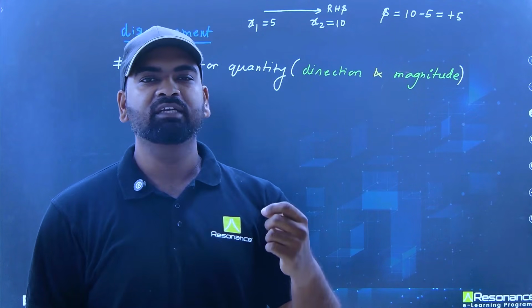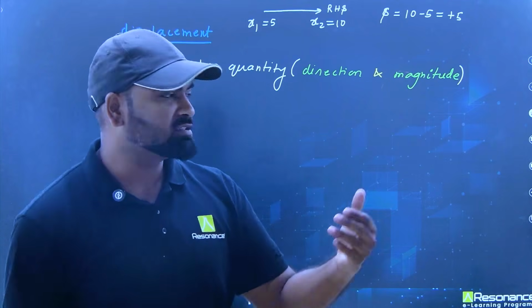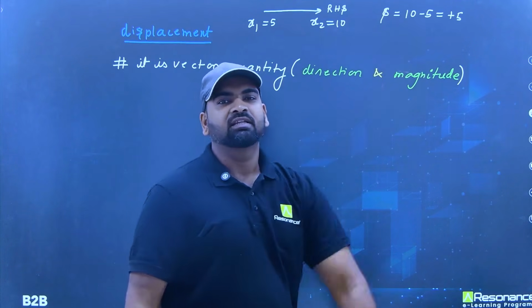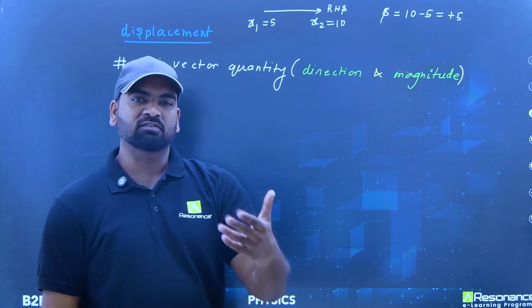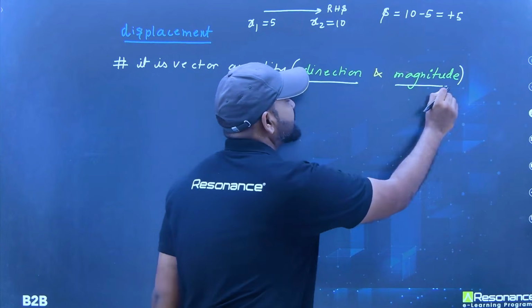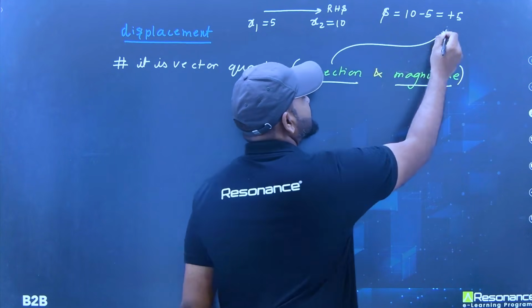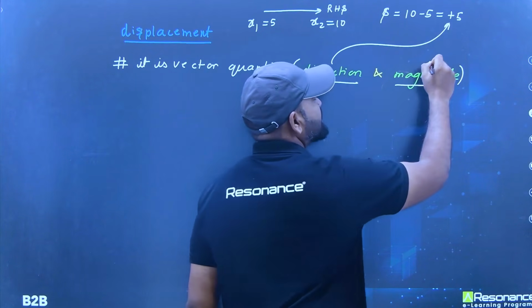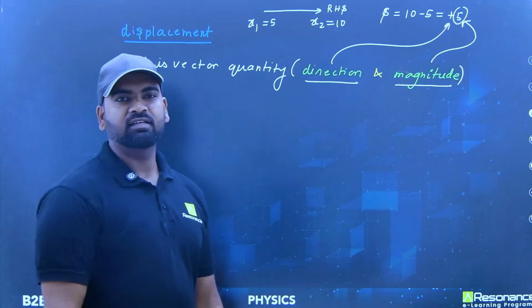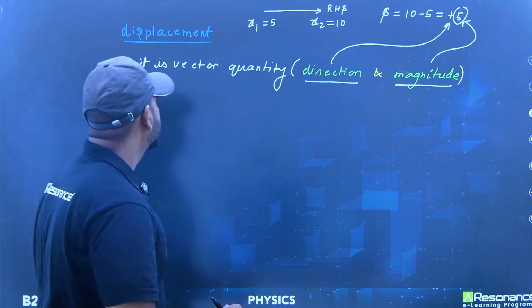You would be getting 5 minus 10, which is going to be minus 5. That minus symbol tells that it is going to be left hand side. So that's why I'm saying it has direction and magnitude. Direction meaning the symbol plus minus you're gonna get, magnitude means the number itself. Is that clear? That's the first point.